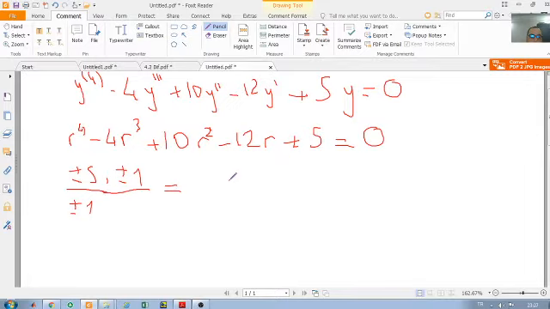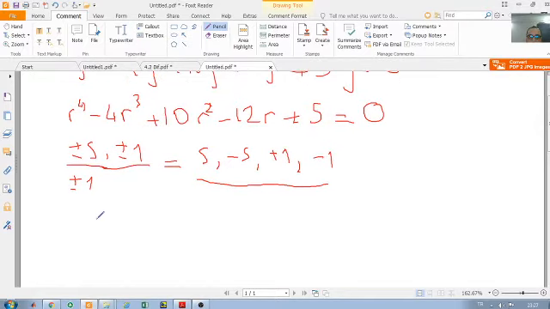So here we have 4 possibilities for the root of the characteristic polynomial, namely plus 5, minus 5, plus 1, minus 1. After finding the result of this division, we obtain these 4 different possibilities. The easiest possibility is the number plus 1.